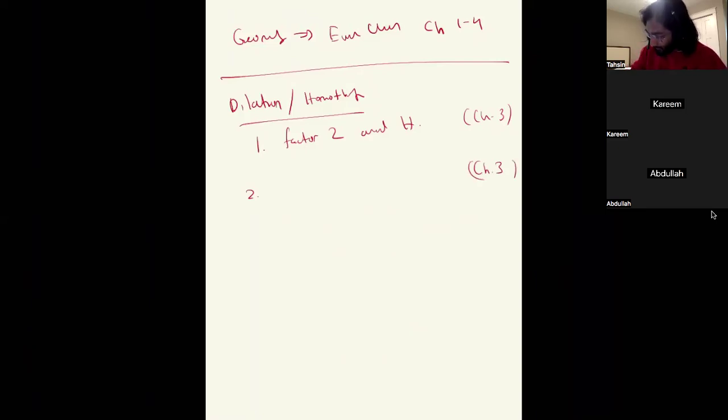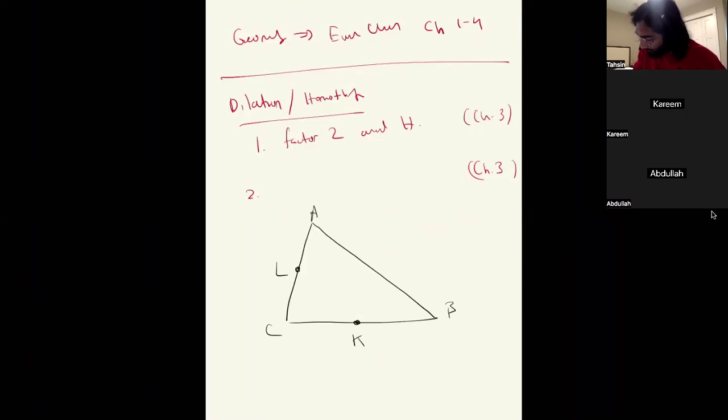The picture is: you draw this medial triangle. So you draw the midpoints. These are the same as before. These are the midpoints.